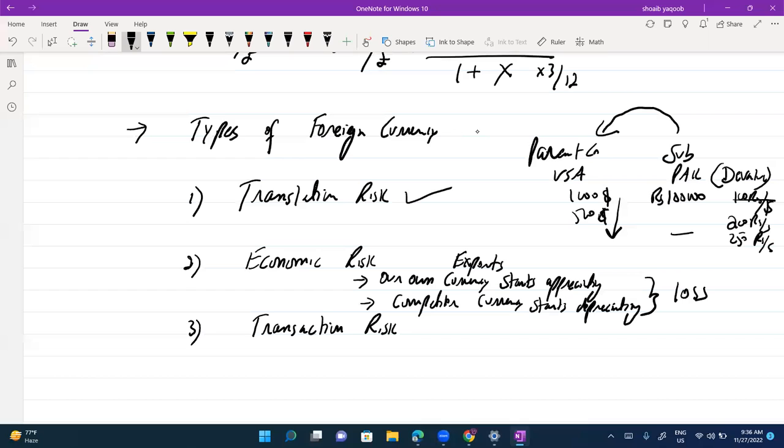Why? If your own currency start appreciating, your products will become expensive in the market. Nobody will buy from you. If competitor currency start depreciating, competitor product will become cheaper in the market. Everybody will start buying from the competitor.